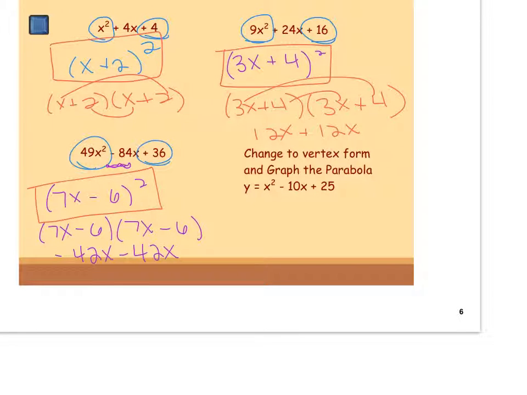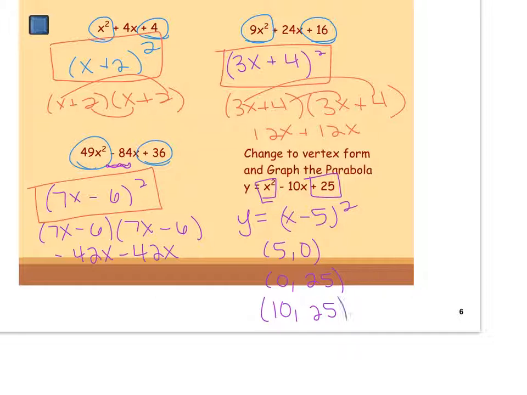Now when I look here, change to vertex form and graph, I have x squared and a positive 25, x minus 5 squared. Vertex 5, 0. 0, 25 is my y-intercept, 10, 25 is that symmetric point.